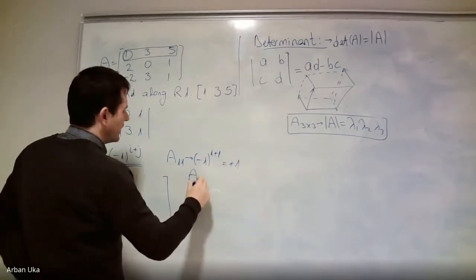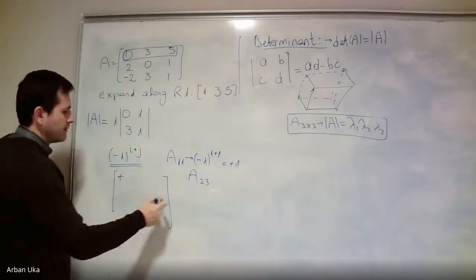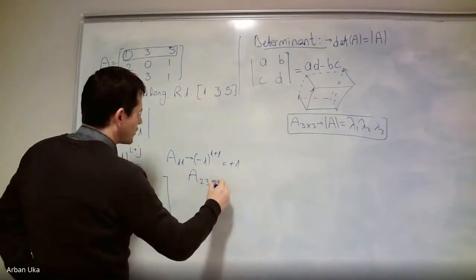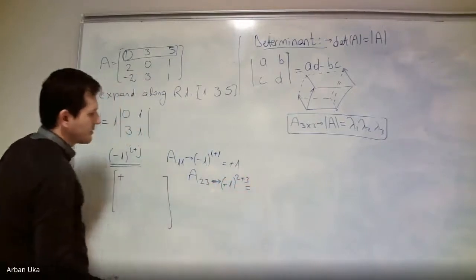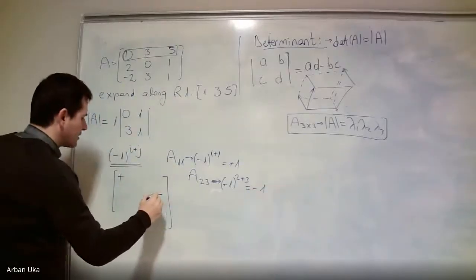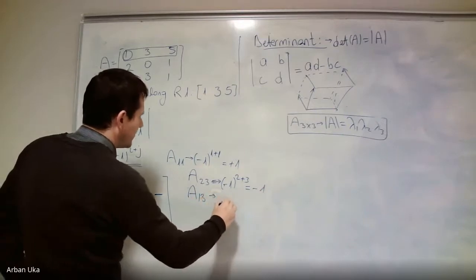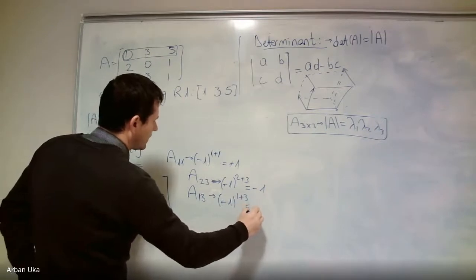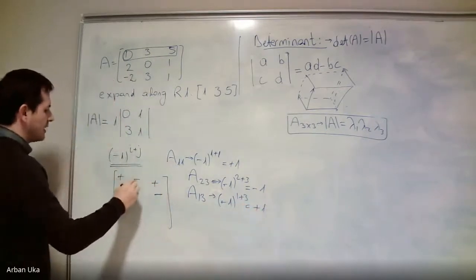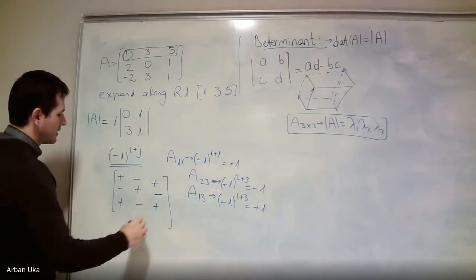Let's look at this A23, which is second row, but we are somewhere here. What is A23? This corresponds to minus 1 to the power 2 plus 3. What is this? Minus 1. What about A13? This is minus 1 to the power 1 plus 3. This is equal to plus 1, right? So this is plus, minus, plus.